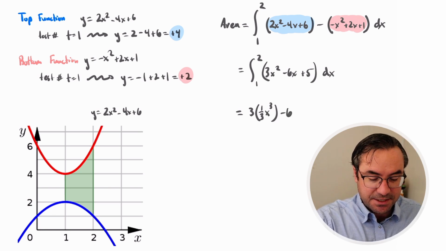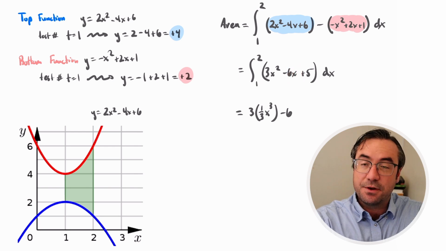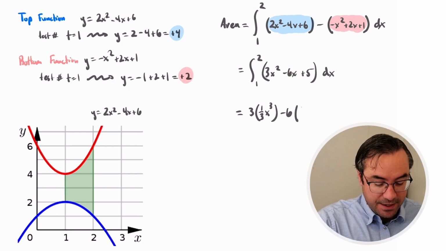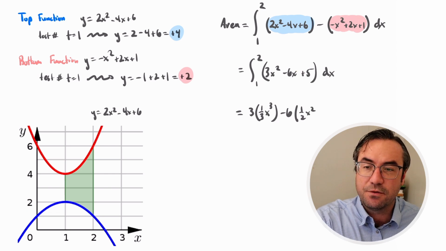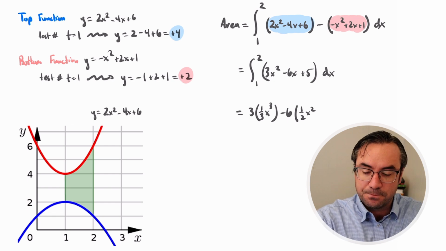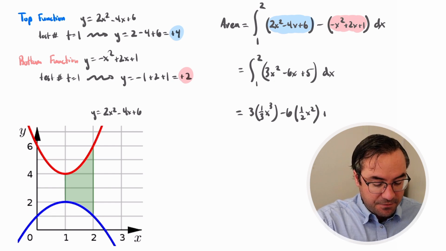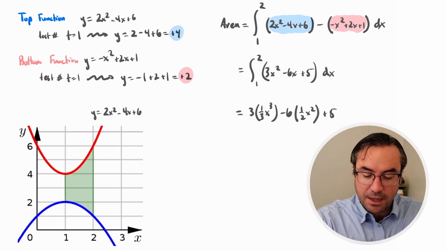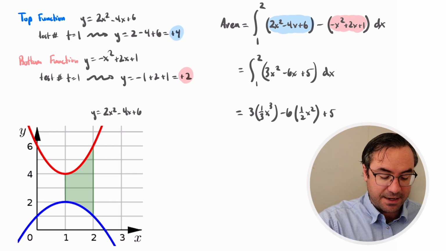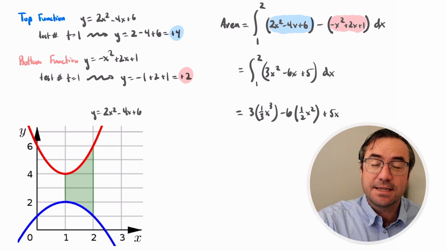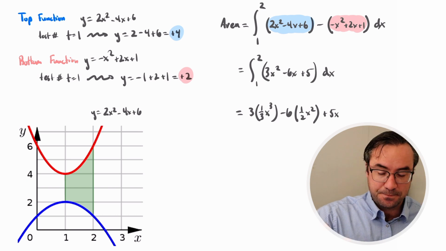Then we've got our minus 6, get the antiderivative of x. So that is 1/2 x squared. Again, there's a hidden exponent of 1 there, so we're just doing our power rule. And then finally, for that 5, we multiply by x. So we end up with 5x as the antiderivative of that last piece.